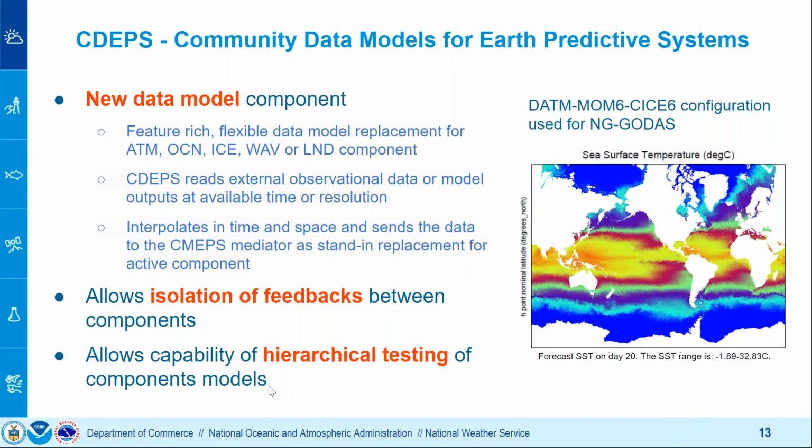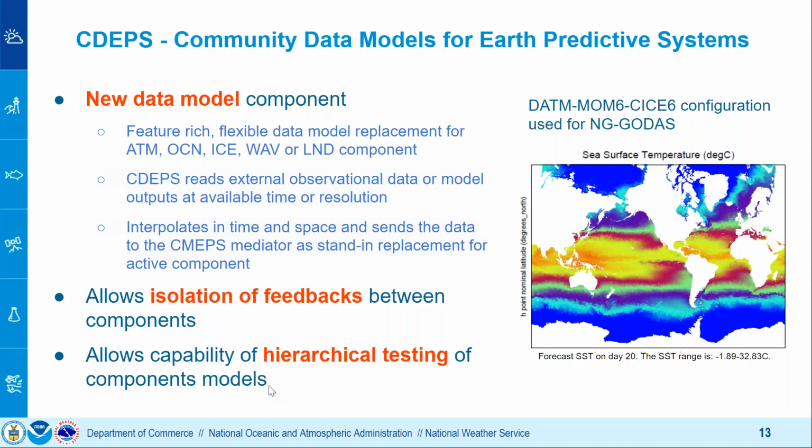Next, I want to introduce CDEPS. It is the Community Data Model for Earth Prediction System. This is a new model system data model component. It is feature-rich and very easy to extend. Currently, we have data models for atmosphere, ocean, ice, wave, and land components.